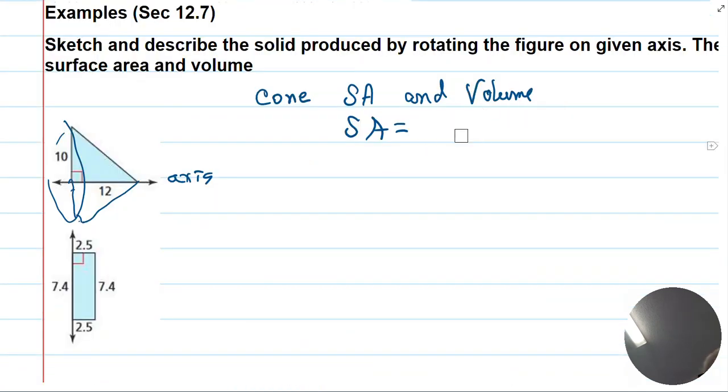So on this one, I have to first calculate the lateral, by the Pythagorean theorem.